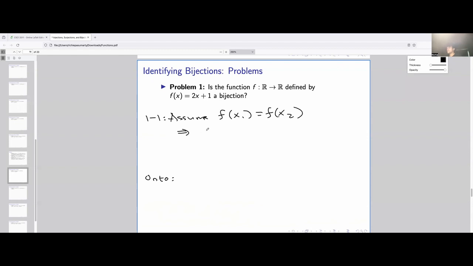What this means is that 2x1 plus 1 is equal to 2x2 plus 1. You can do some steps, and you'll figure out that x1 is equal to x2. So it is 1-to-1. Okay, let's look at onto. Let's pick some y inside of here.